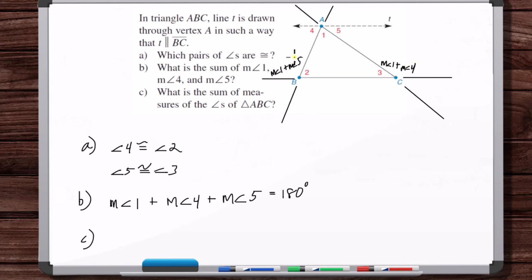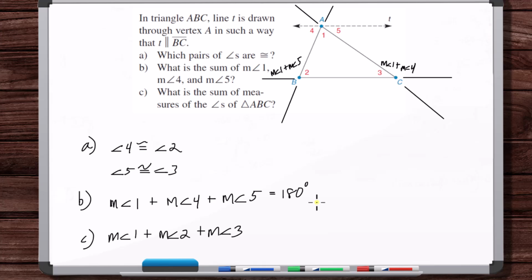Opposite interior angles. What we're looking for in part C is the measure of angle 1 plus the measure of angle 2 plus the measure of angle 3.